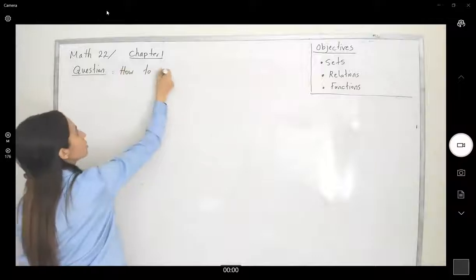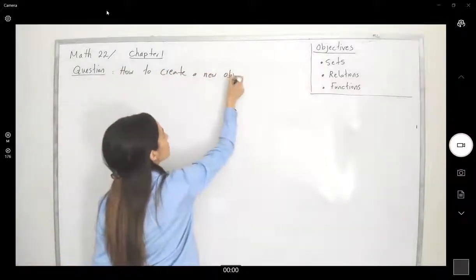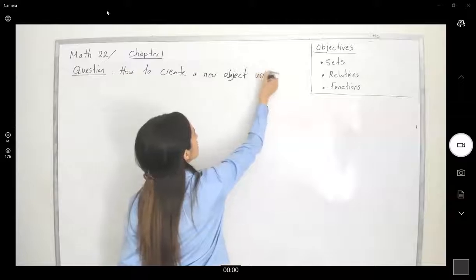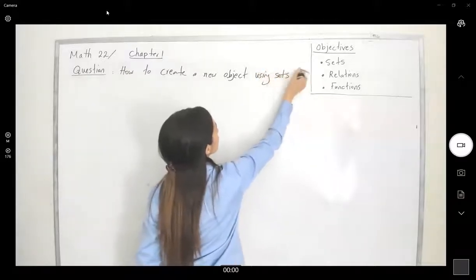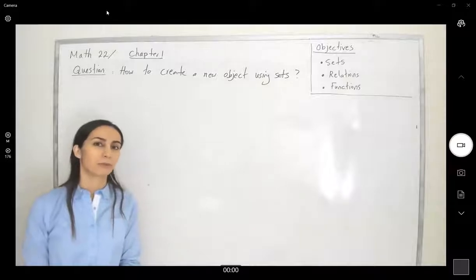How to create a new object using sets. Suppose you have a set and you want to create a new object.